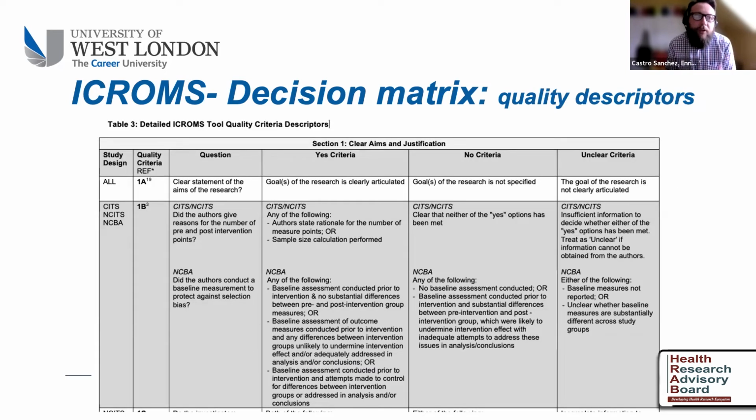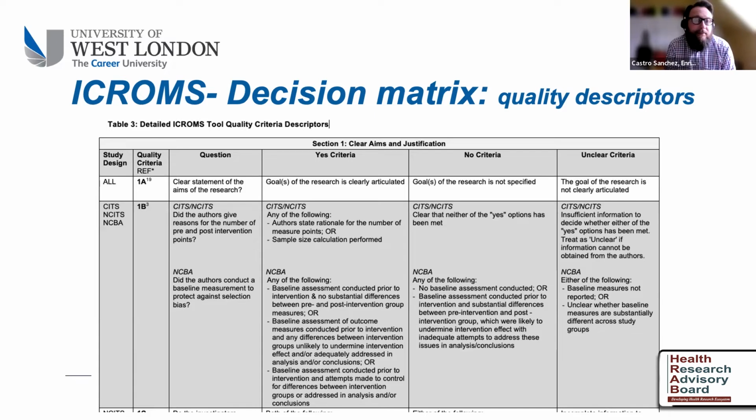Okay, so, you can see the top row that all study designs must meet quality criteria 1A. And the specific statement was, is there a clear statement of the aims of the research? So how do you answer that? So we define a yes criteria as the goals of the research in the paper were clearly articulated.